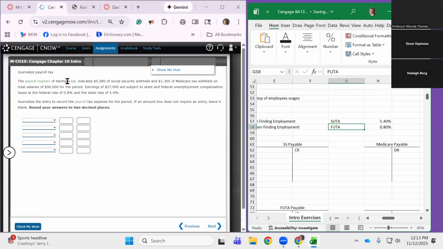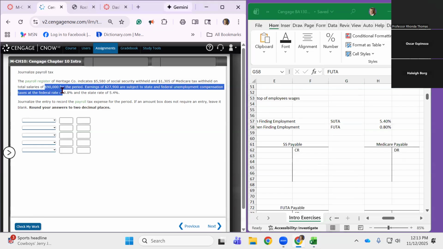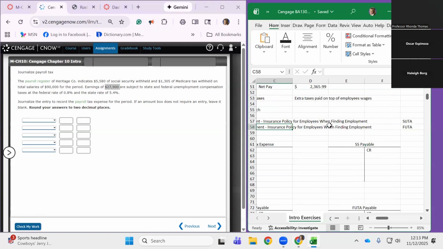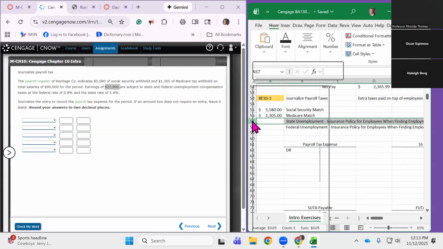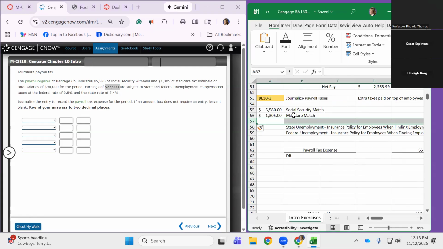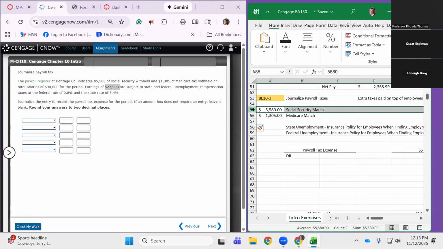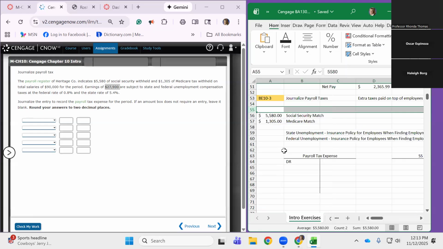And by the way, our Social Security and Medicare taxes are on the total salaries of $90,000, but our federal and state unemployment tax are only subject to a certain amount of earnings. Okay, so let me put a little note for that too. I'm going to put this down one and this one down another. So let me get this in here to make sure you know.